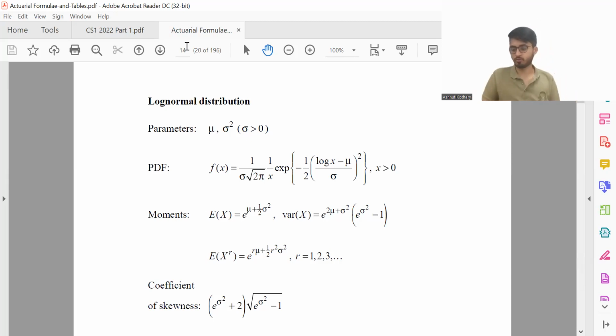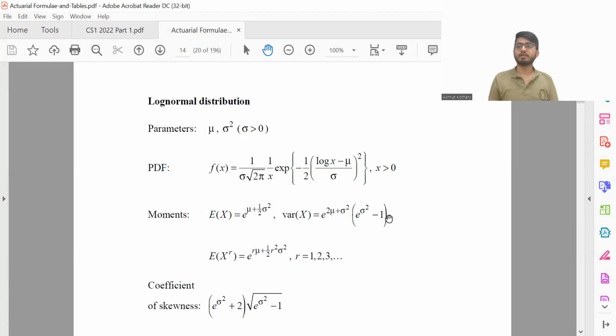For a log normal distribution, the mean, expectation of x, is e to the power mu plus half sigma square, and the variance is e to the power 2 mu plus sigma square, which if you closely notice is nothing but the square of the mean. This term e to the power 2 mu plus sigma square is the square of this term, into e to the power sigma square minus 1.